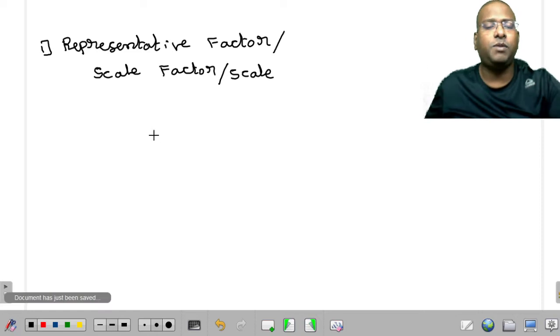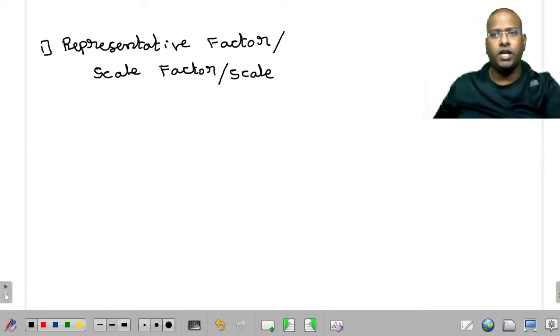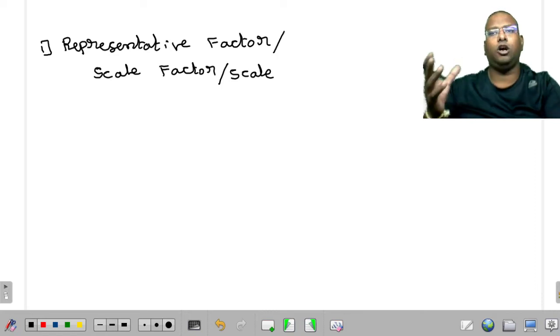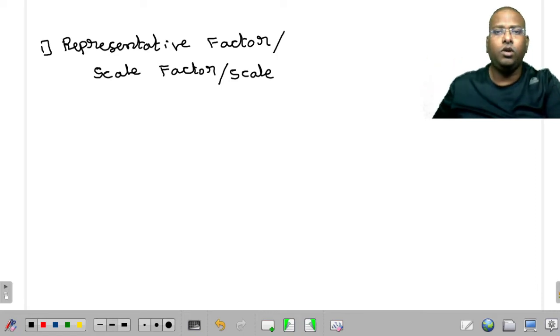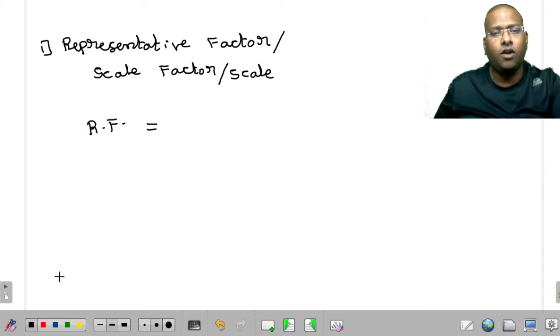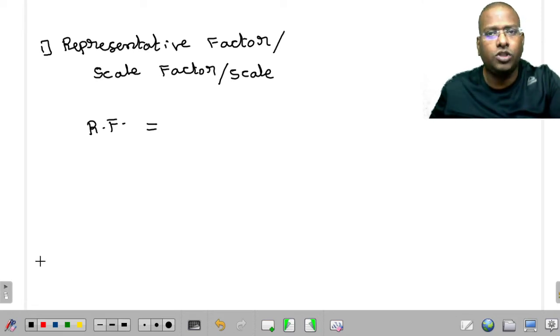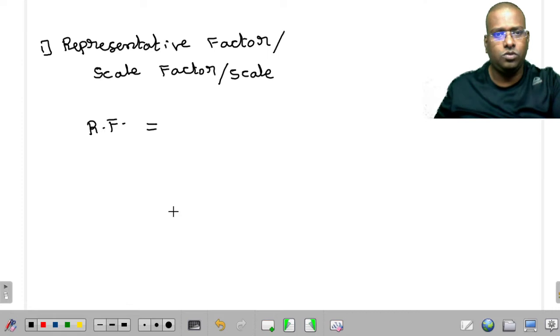What is the relation between the representative factor, the drawing sheet size and the object size? A representative factor is the ratio of distances.